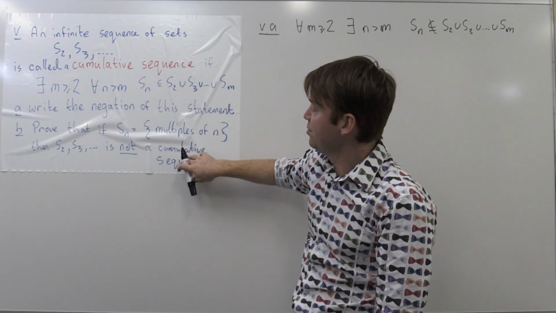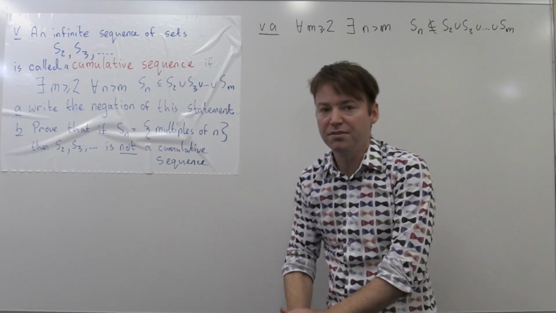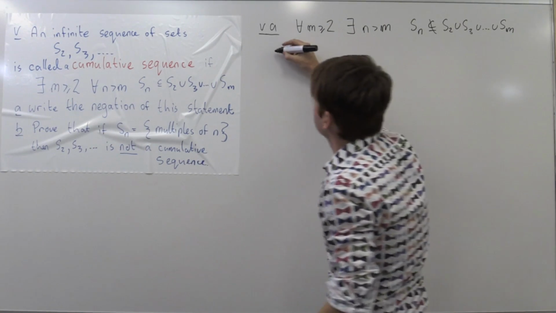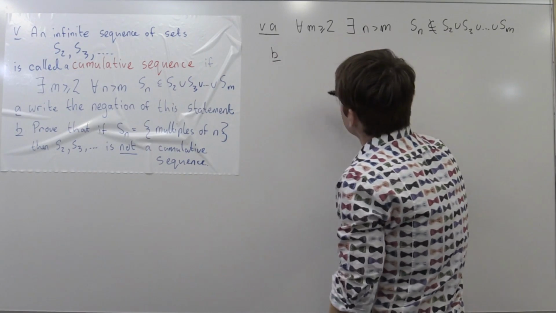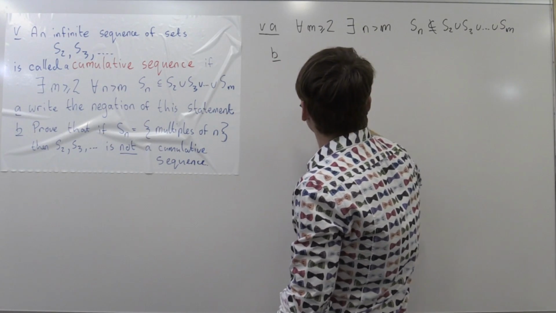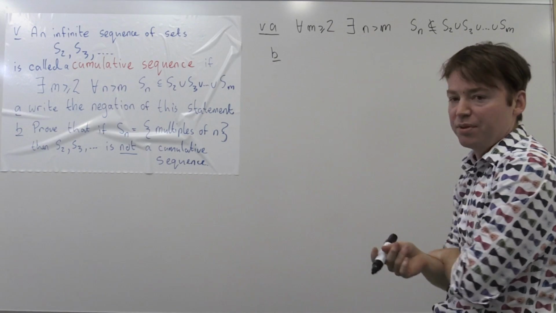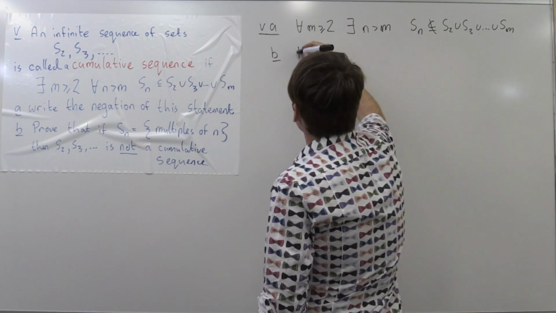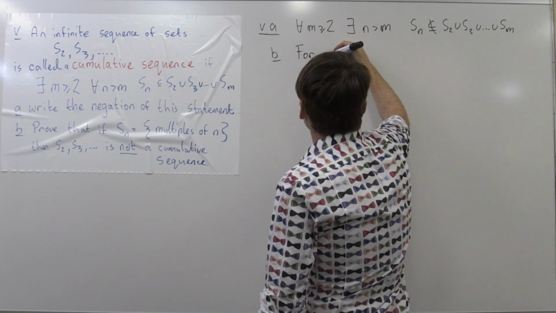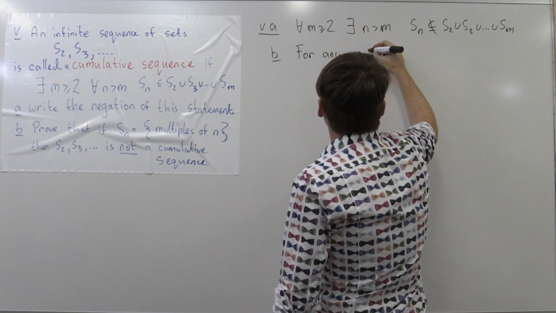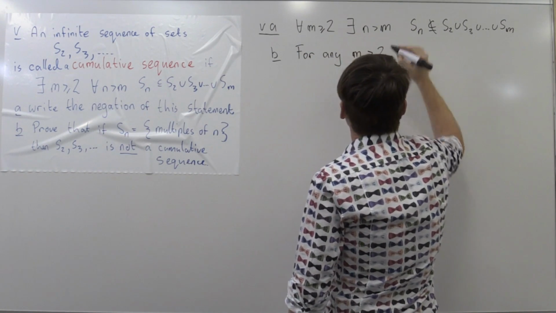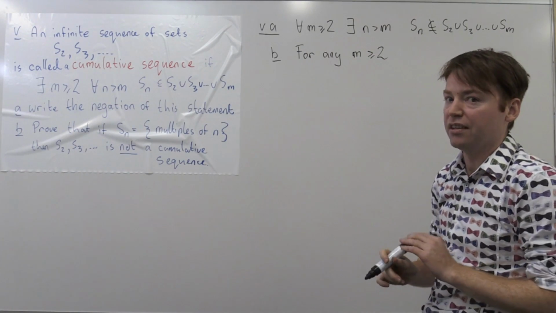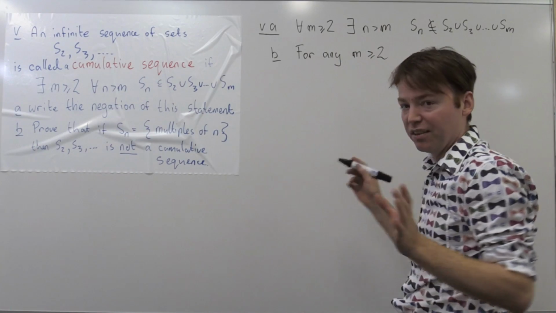Part B, prove that this is not a cumulative sequence. Good, so we're going to use part A here. For all m greater than or equal to 2, so we need to prove something for every m. So let's just say for any m greater than or equal to 2, I need to produce some n. It's not clear what n I want just yet, but I'll need to produce it.